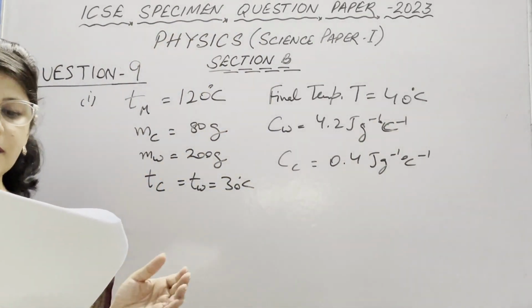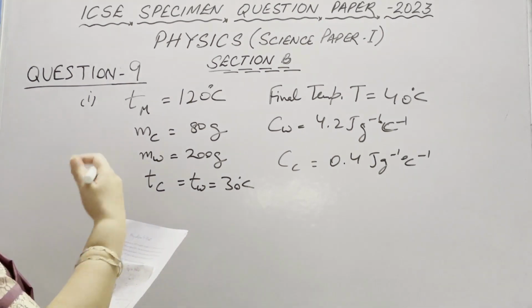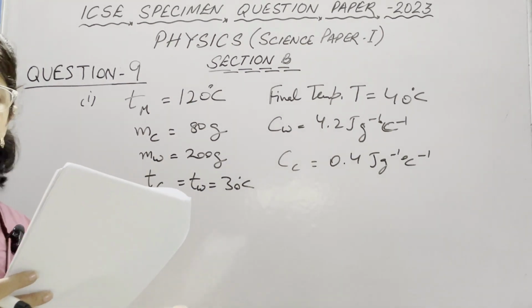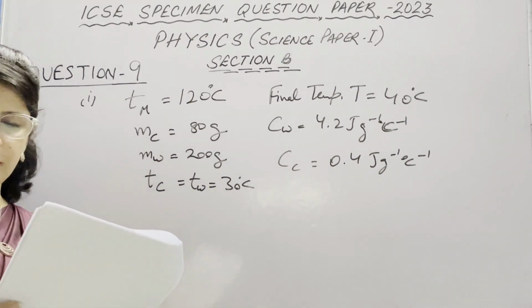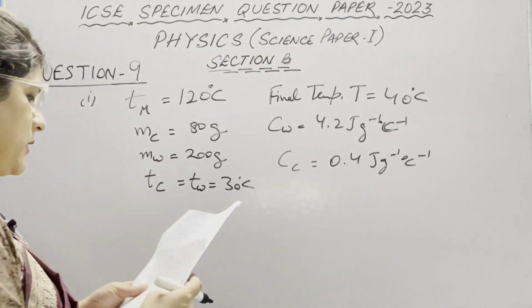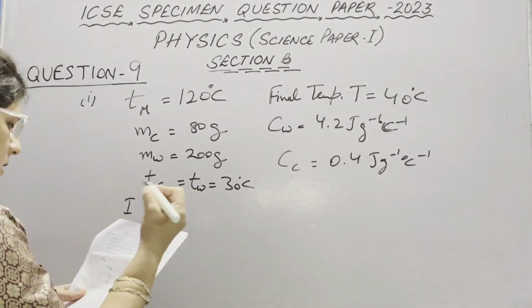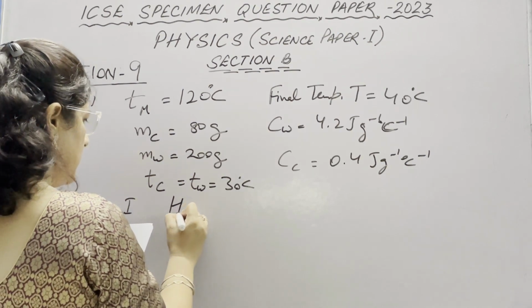Now, first of all, we know the principle: heat energy given by the metal is equal to heat energy taken by the calorimeter and water. First, the heat energy given by the metal.